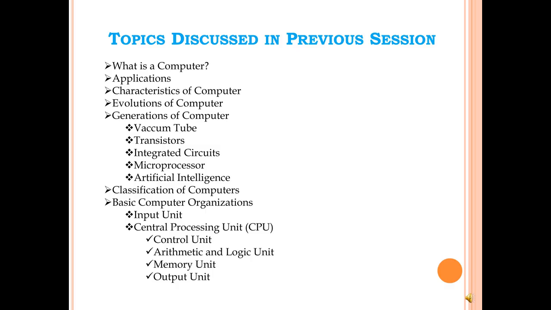After that, we discussed the classification of computers. Then we discussed the basic computer organization, which is divided into different units like the input unit, central processing unit, and output unit. So we got to know about each and everything in our previous session.